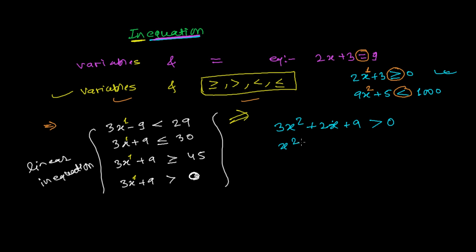Similarly, x squared minus x plus 1 is greater than or equals to 0. Similarly, x minus 2 whole square plus 5 is less than or equals to, let's say, 10. Just examples.